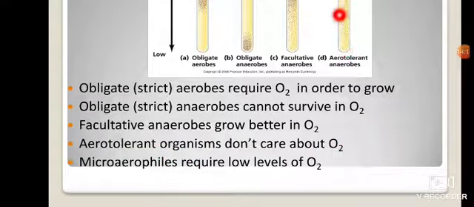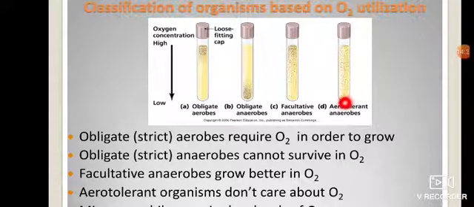In the diagram they are spread uniformly all over the environment, and they survive in any situation, high amount of oxygen and low amount of oxygen. They easily survive in that situation, all over the environment.